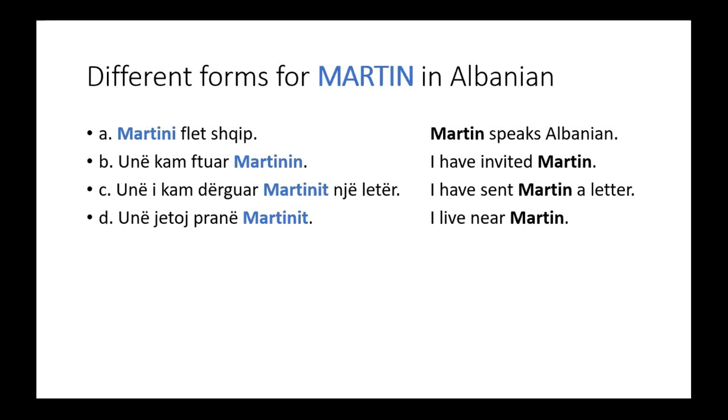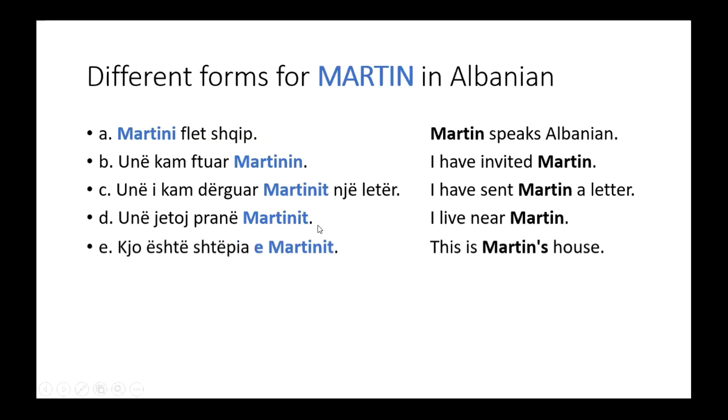Like, for example, I live near Martin. Well, in this case, you would still say Martinit. So you say unë jetoj pranë Martinit. So you still have Martinit in that case. And if you say, this is Martin's house, then you say, kjo është shtëpia e Martinit. Martinit. You have to have that extra e in there, and still you have Martinit.